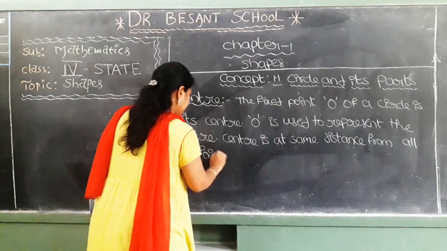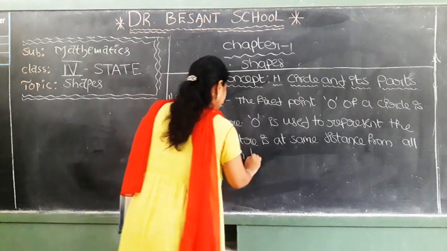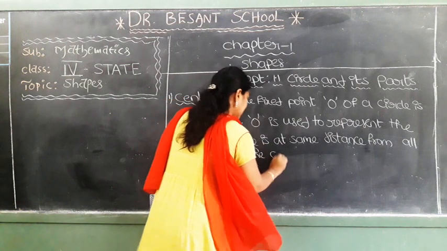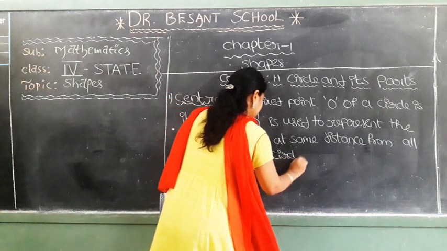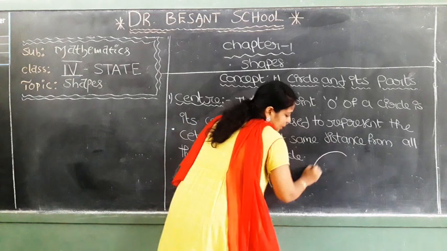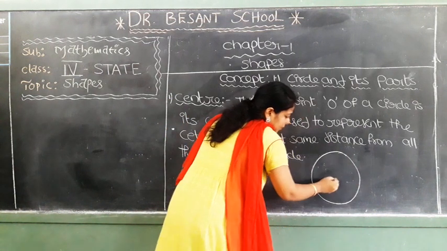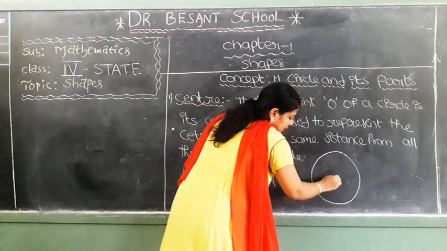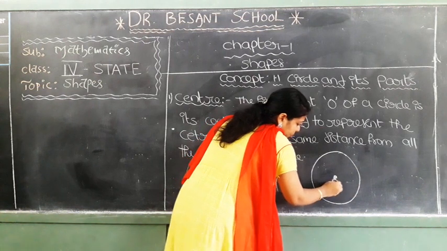Okay, children? Here you have to draw the circle and the center. This is the center O.